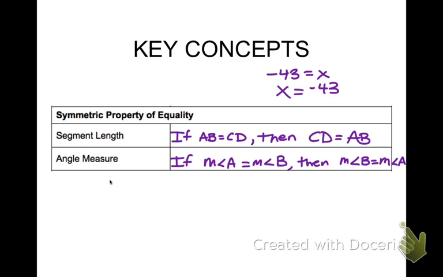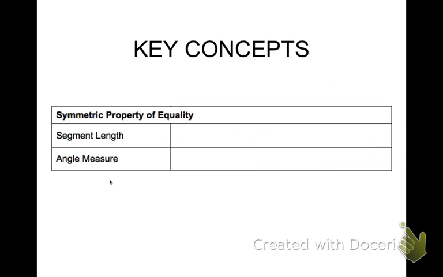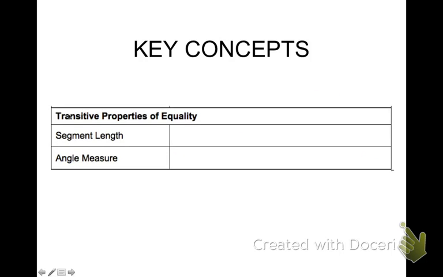The two that are used the most are the reflexive property, which is used a lot, and then this last one, which is the transitive property. All right, so your transitive property tells us that we can do the following.